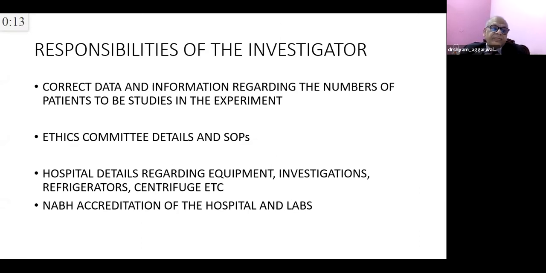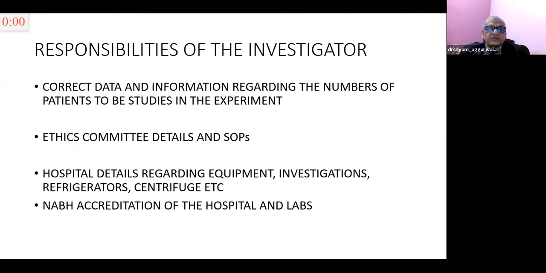So I think this is a very important issue when you are filling up the feasibility questionnaire. I think the ethics committee details and SOPs have now become fairly standard, and most of the institutions have them. In the ethics committee, you need to have an advocate, a lady, a person from an NGO, a pharmacologist, and at least 9 or 11 members.